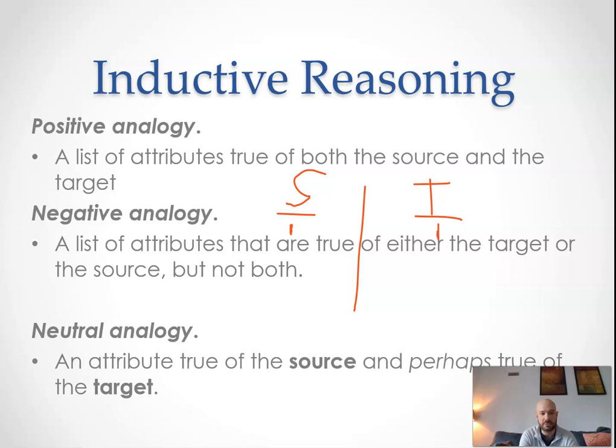That's a positive analogy because both the source and the target have it. A negative analogy is when, for example, the source has it, but the target does not have it. Notice this squiggly here is a not.